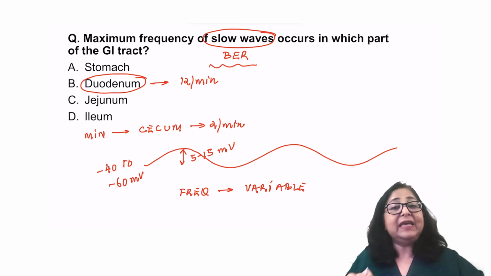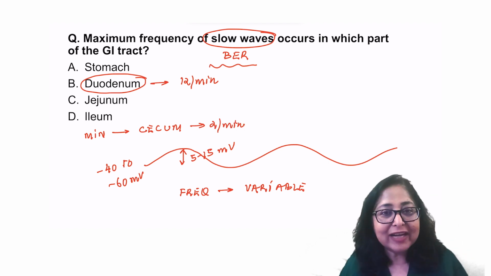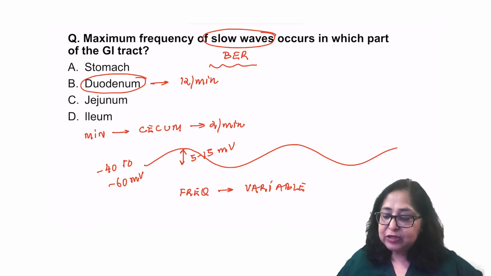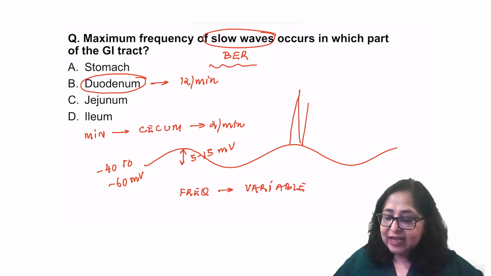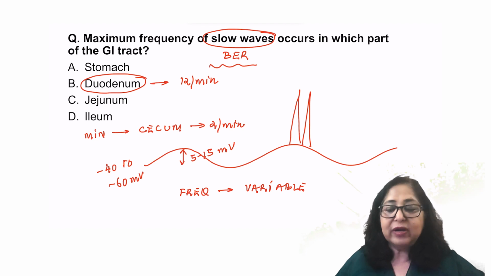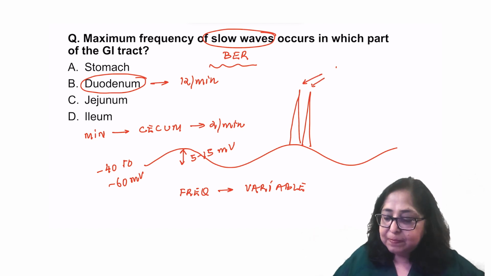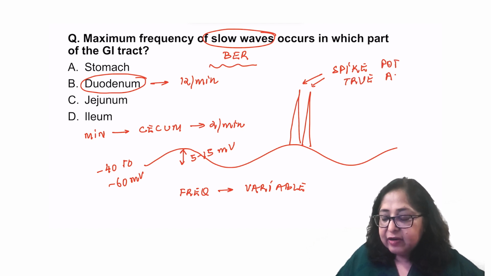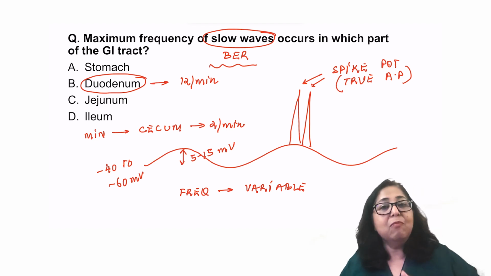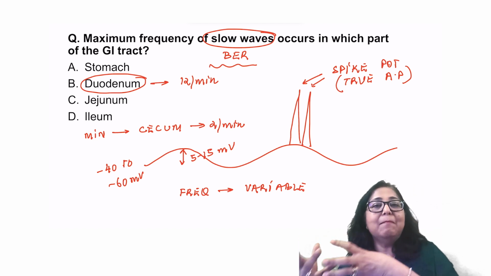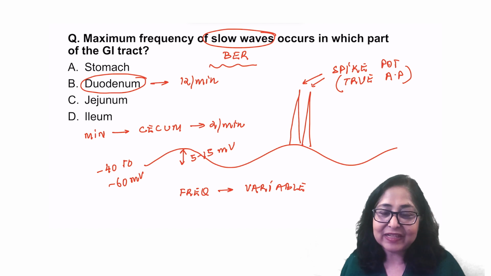Now please remember, the BER is not responsible for contraction. Contractions are produced by spike potentials which are superimposed on the BER. These spike potentials are known as the true action potentials, which are, like I said, responsible for contraction. The more spike potentials, the more contractile activity.